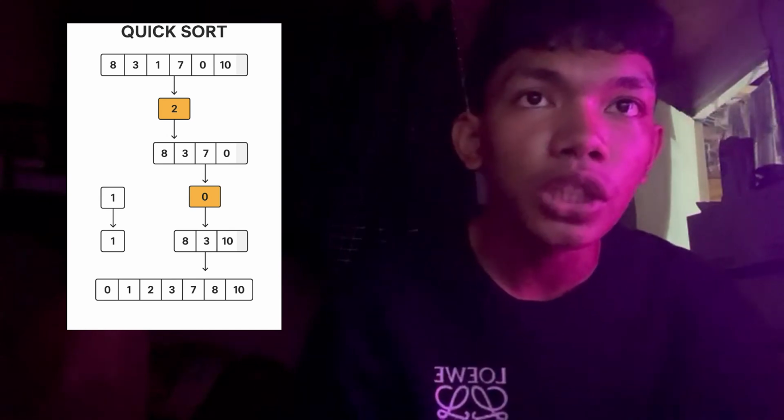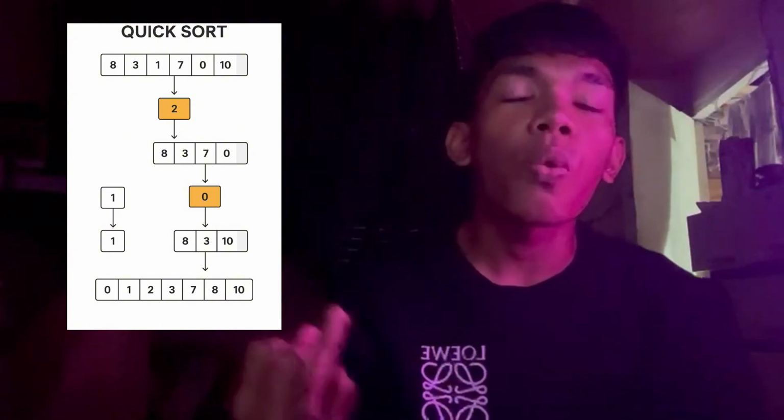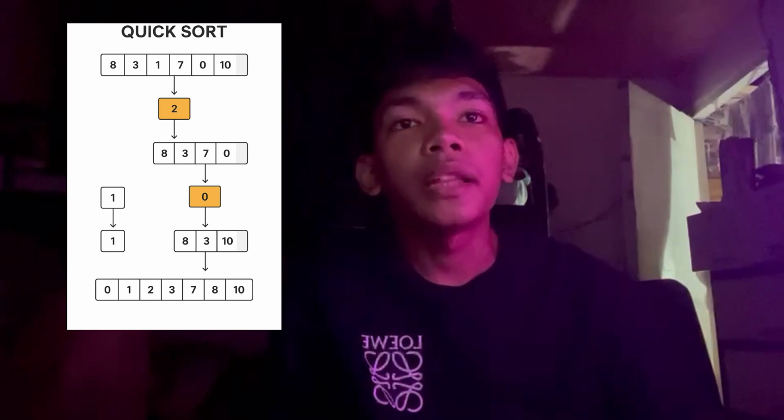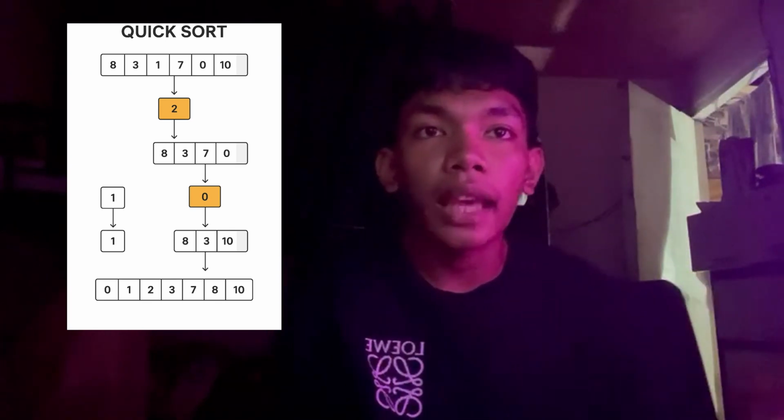Partition the array: the left side is 3, 1, 0, 2, all less than 7, the pivot is equal to 7, and the right side is 8, 10, all greater than 7. The result after partition is 3, 1, 0, 2, plus 7, plus 8 and 10.